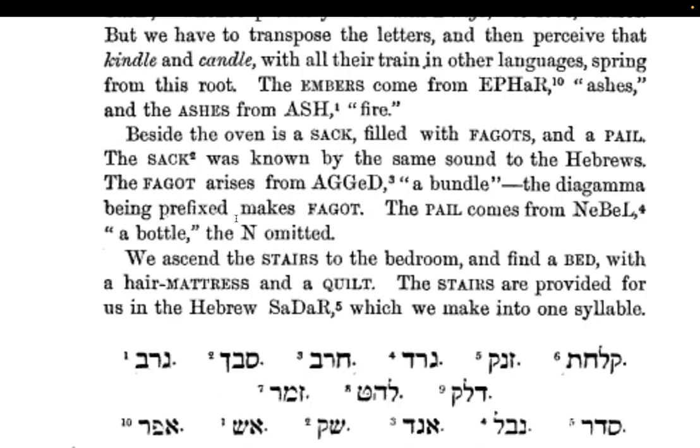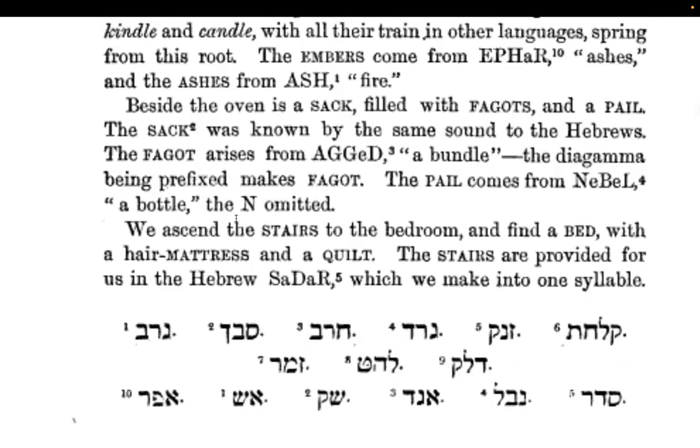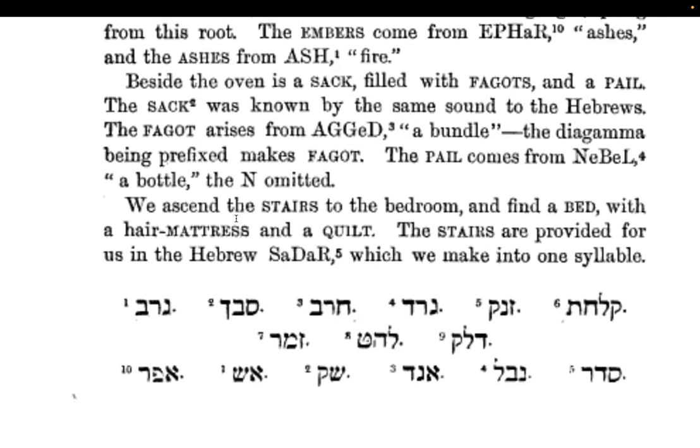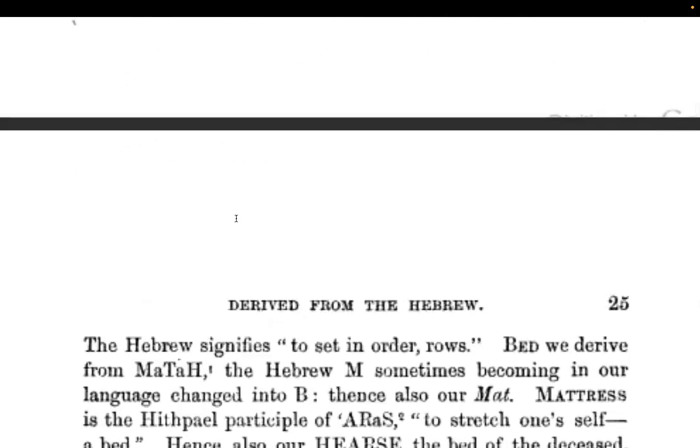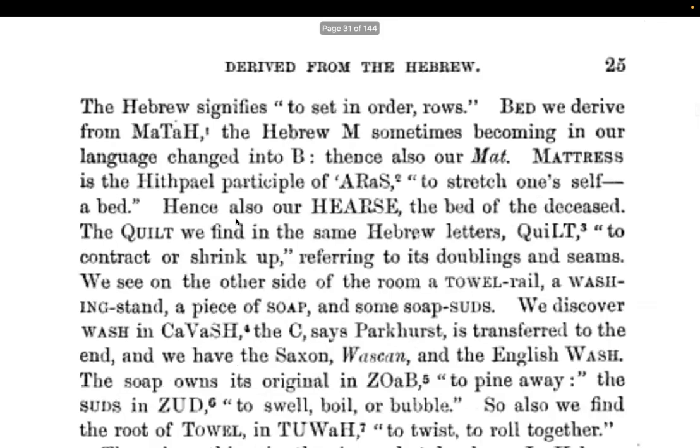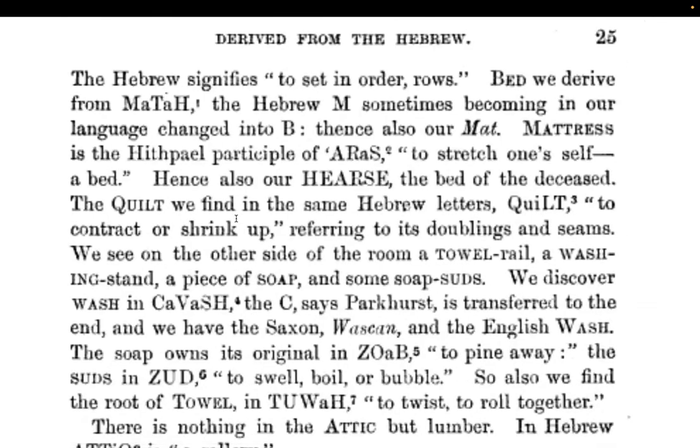We ascend the stairs to the bedroom and find a bed with a hair mattress and a quilt. The stairs are provided for us in the Hebrew sedar, which we make into one syllable. The Hebrew signifies to set in order, rows.